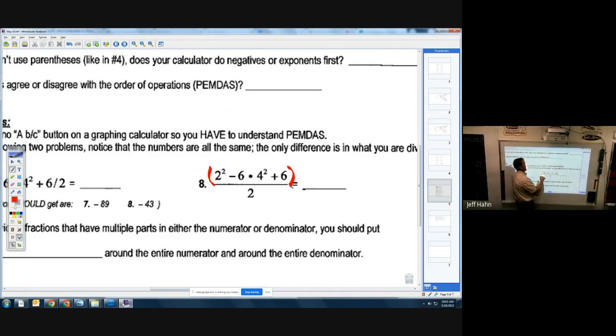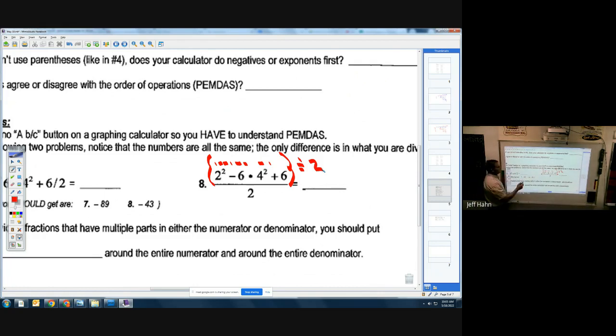When you type this in, you need to use the parenthesis, type this whole stuff in, closing parenthesis, and then put the divided by 2. Otherwise, a calculator will follow the order of operations as you type into it, and it doesn't understand that this is the way the problem looks. You type this in the way it is there, and you'll get the same answer.